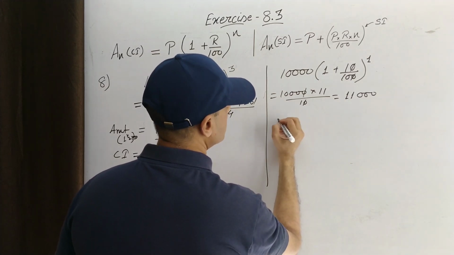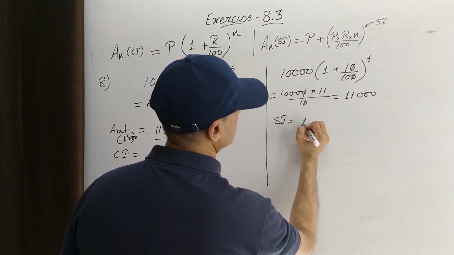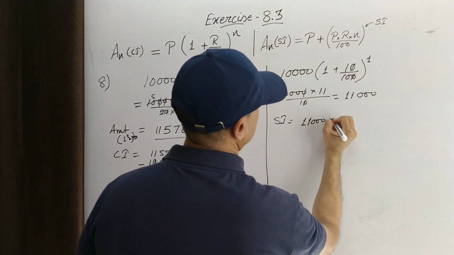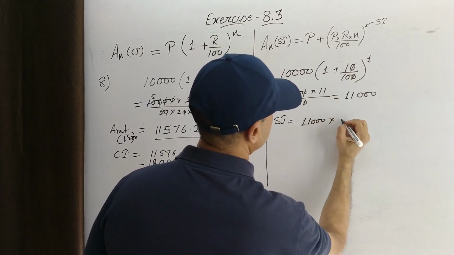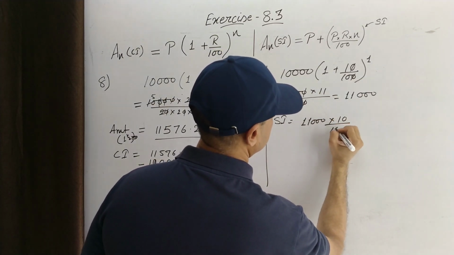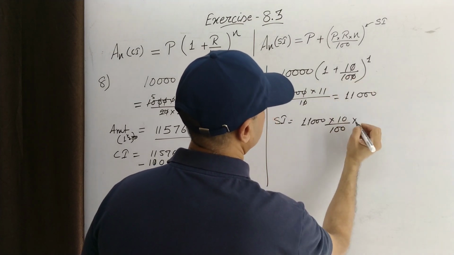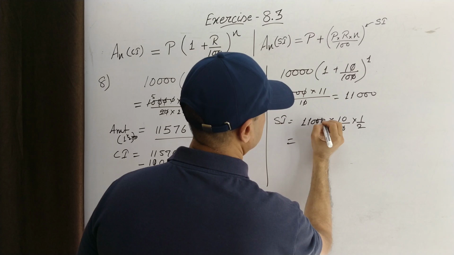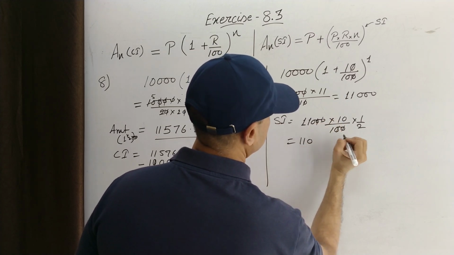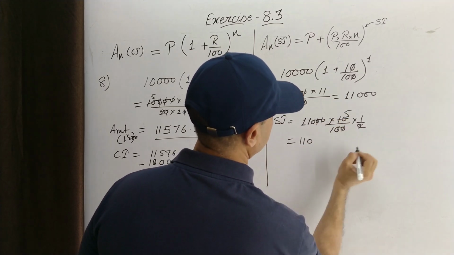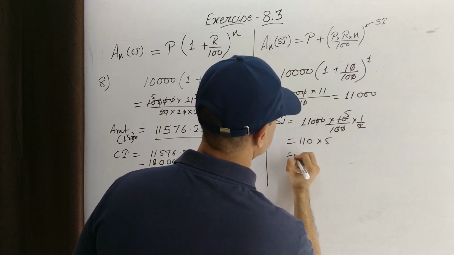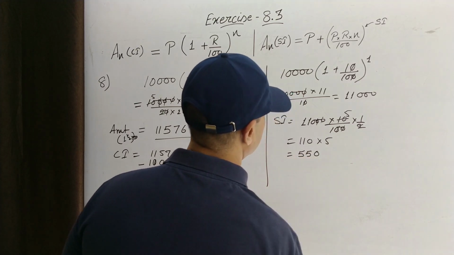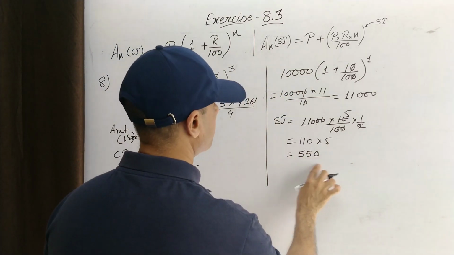So simple interest on this principal amount 11,000 will be 11,000 into rate of interest is 10%, and this is for half year. So we get this as 10 into 5. This equals to 550.